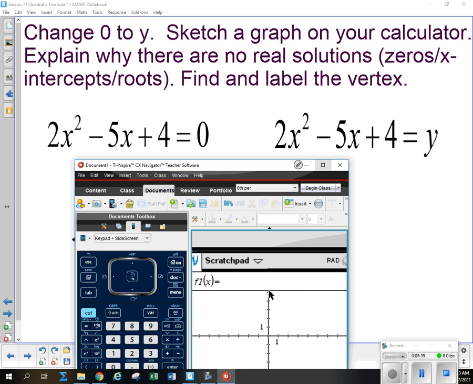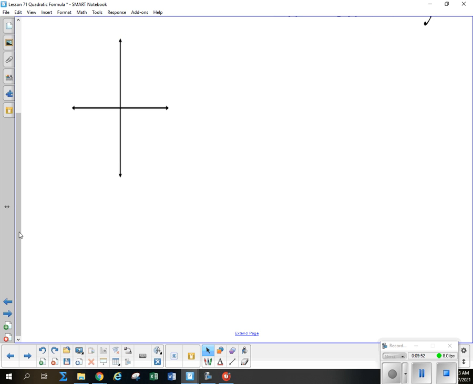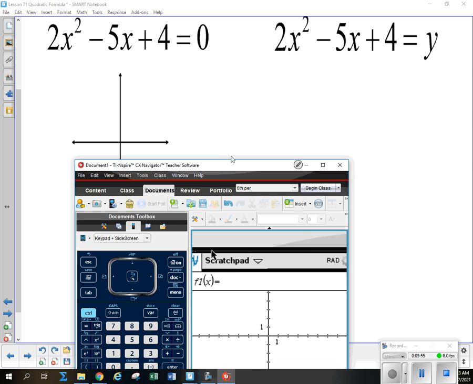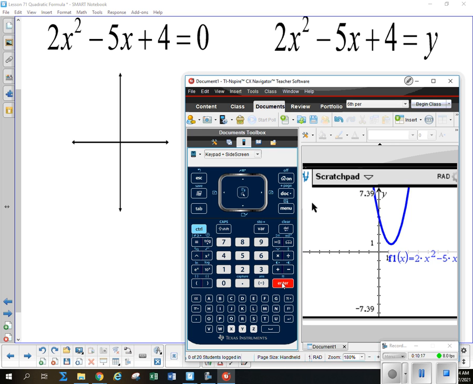Okay, so I'm on my calculator. I've got f1 of x equals, and I'm just going to type in the 2x squared. Then I'm going to go down to the bottom where I have the x, and up to the square button right beside the 4, minus, I am subtracting, 5 back to the x, plus 4, and then I'm going to hit enter so that it draws me a graph.